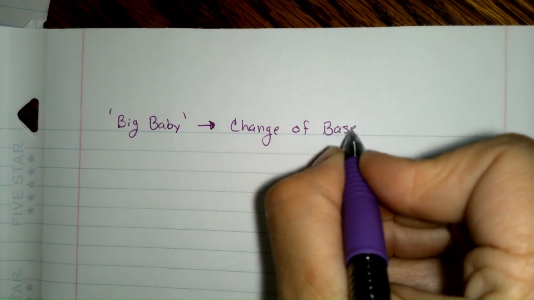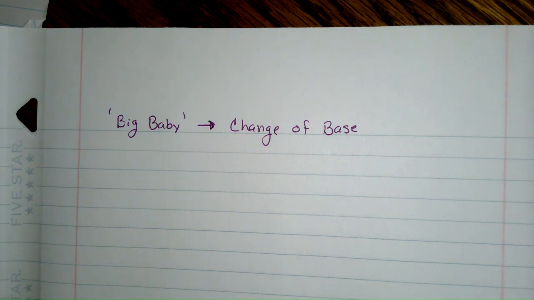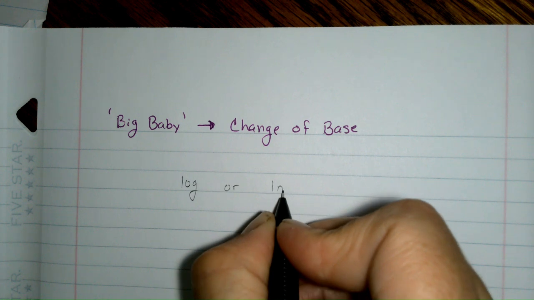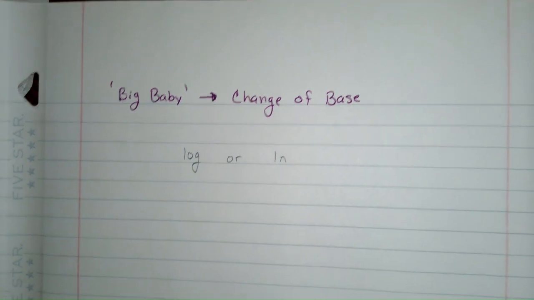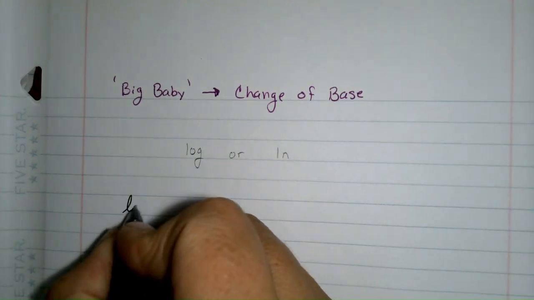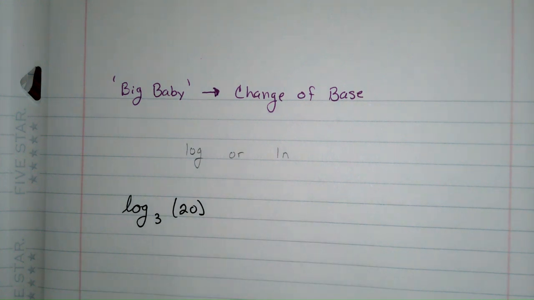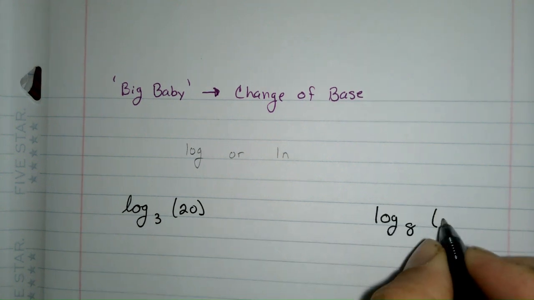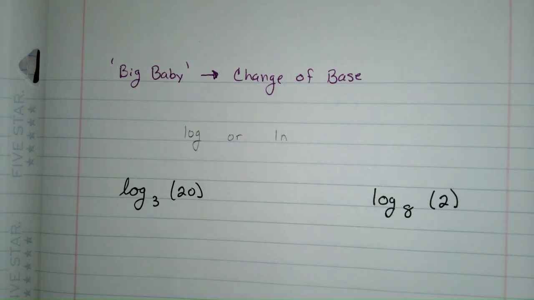On smaller scientific calculators, you only have common log and natural log. So typing in something like log base 3 of 20 or log base 8 of 2 is not a very easy thing.